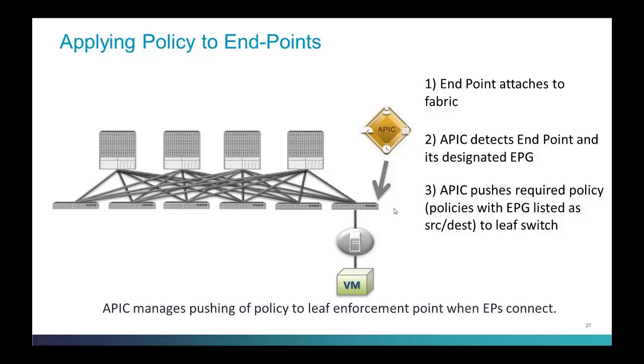When you've got that connection to the leaf, how is the policy going to be applied? When it attaches to the fabric the APIC will discover that it's been attached. If you've tagged it with the relevant VLAN, it will then know which EPG to place it into.